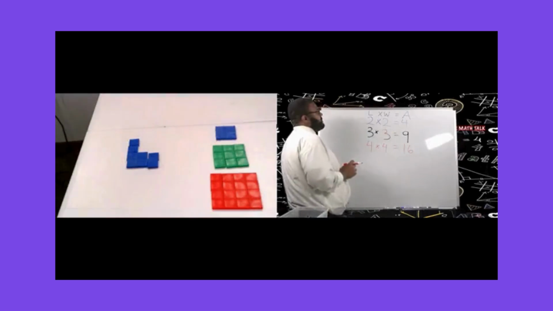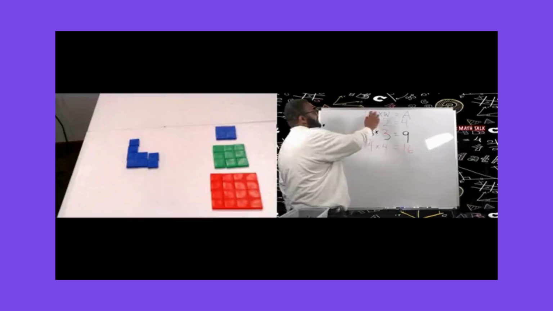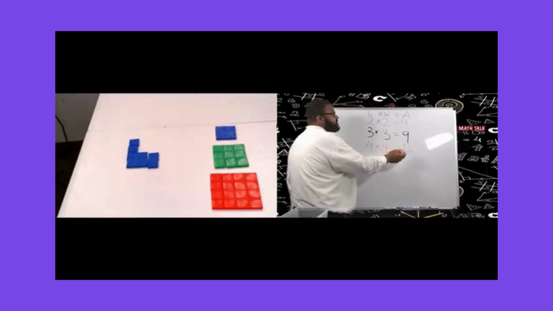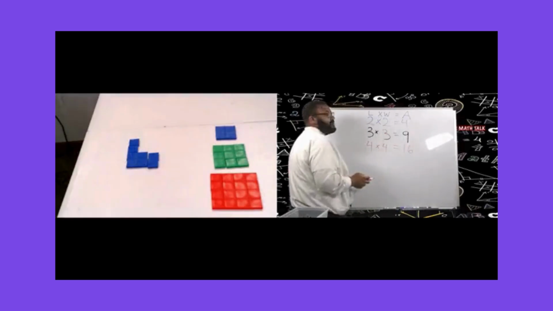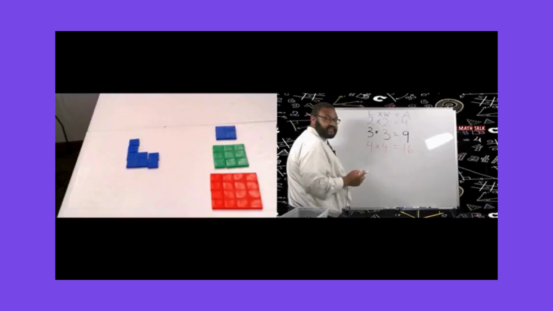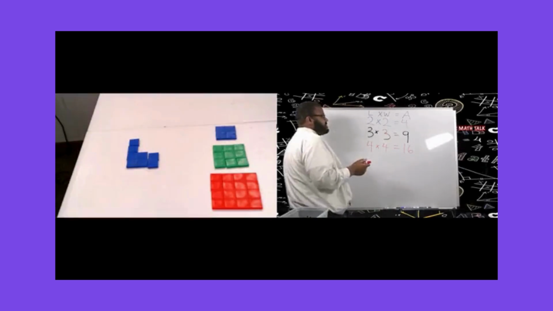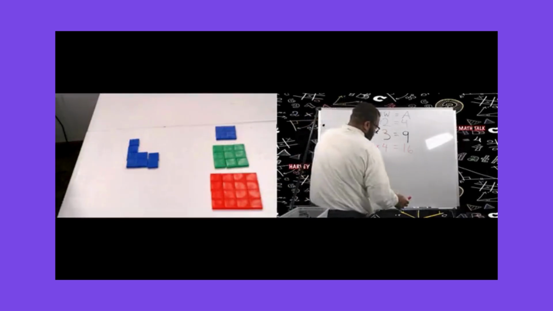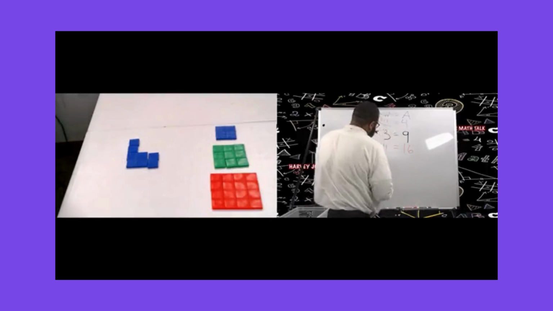So length times width, or factor times a factor equals a multiple or product. We're still focused on our multiplication facts right here. That's all we're doing. Can I repeat the pattern again? I'm going back to blue.